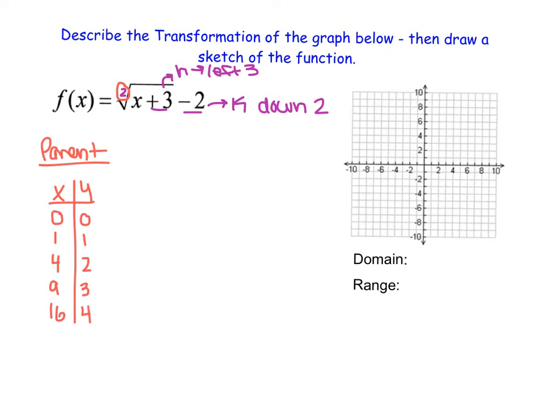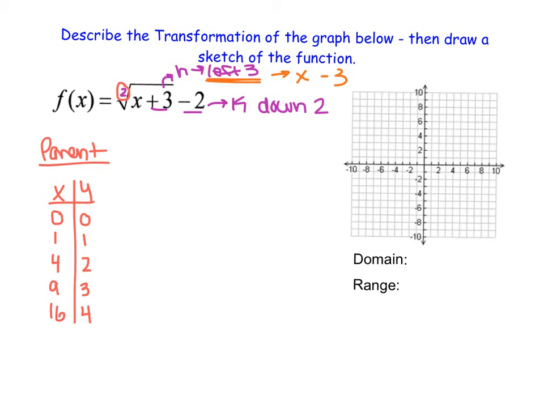So now I'm going to translate this graph by using the transformations that I wrote down. Here I can see that I'm moving the graph to the left 3. Now remember, moving it left 3 is going to change my x value, and that's going to move it in the negative direction. So I'm going to subtract 3 from all of my x values.